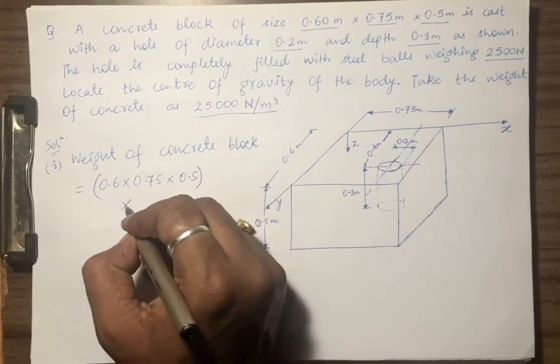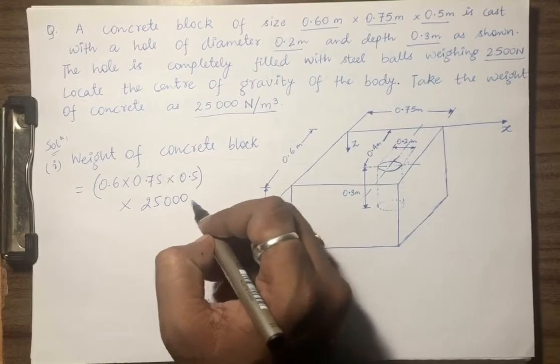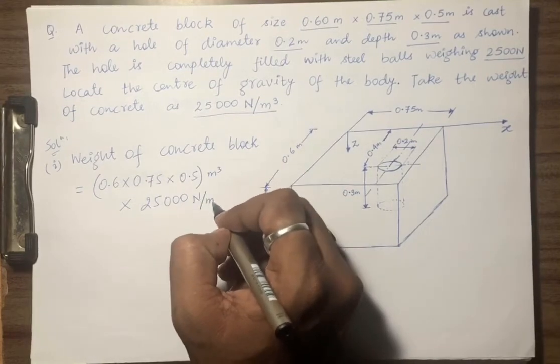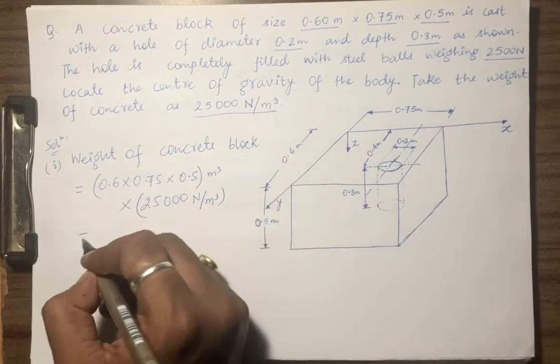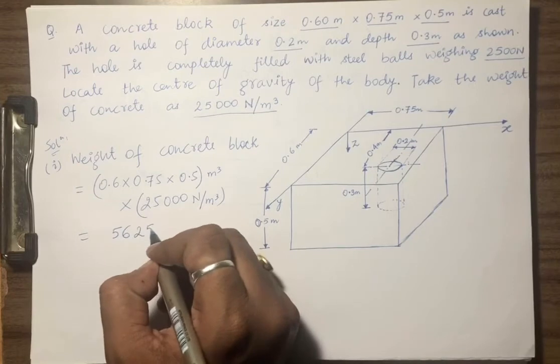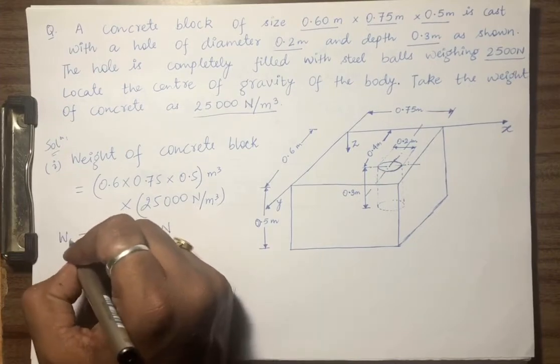This is volume multiplied by the density. So this is meter cube, this is Newton per meter cube. How much are we getting? 5625 Newton. Let us say it is W1.